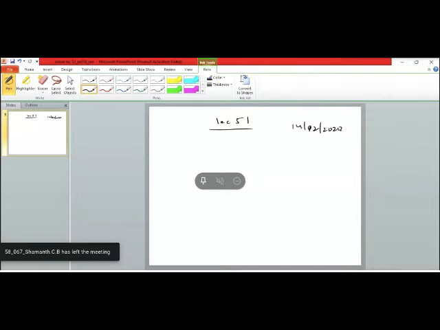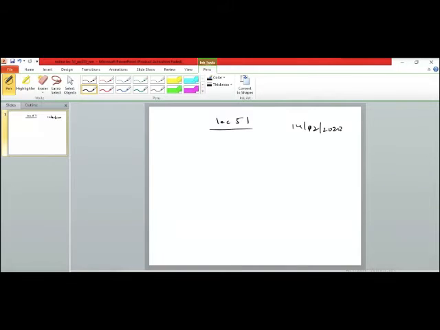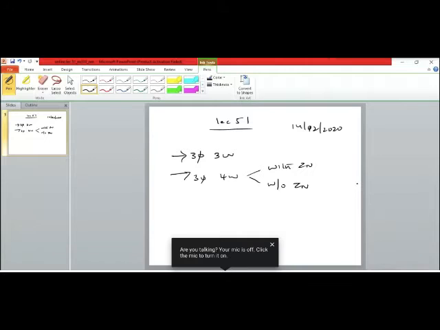And also we have discussed unbalanced 4-wire system, three-phase 3-wire system, and three-phase 4-wire system. So it is with Zn and without Zn. That is neutral impedance. Okay.